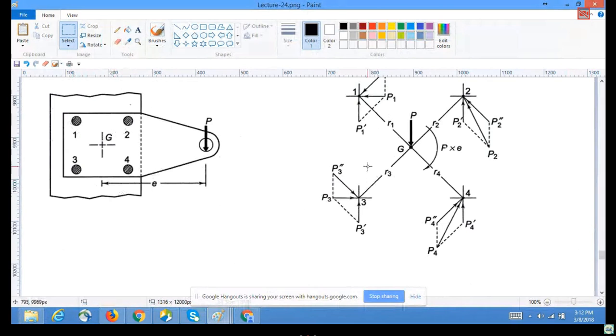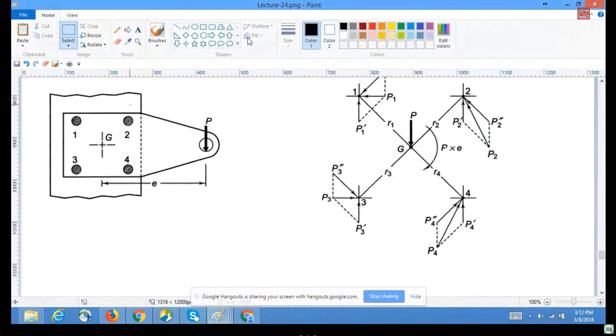And if you know the centroid, the centroid can be obtained in this manner. If somebody wants to know how the G is, because not every time is it a symmetric structure, where you can quickly say this is the centroid. The centroid is also easily found out.